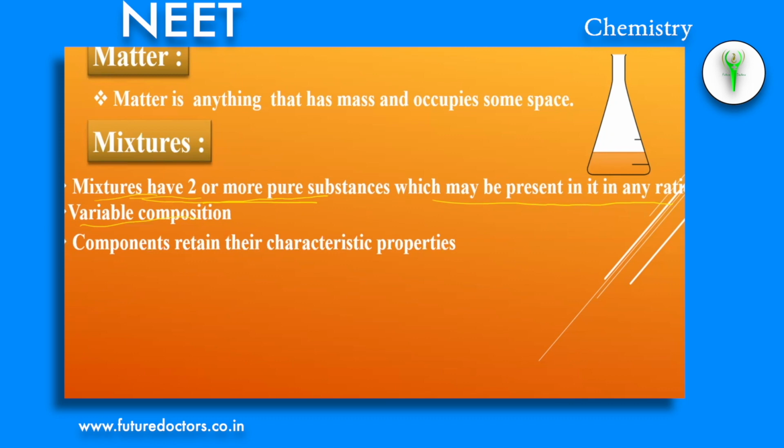If you mix three components, A, B, and C, together, you get a mixture. In the mixture, the components retain their characteristic properties; the properties of the individual components are retained.